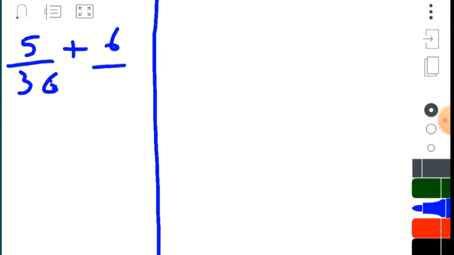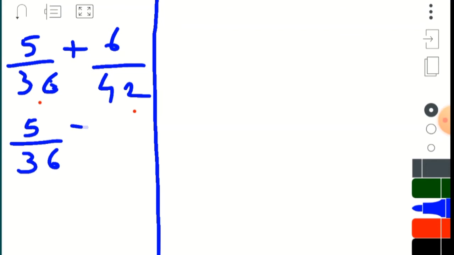See the first question. 5 upon 36 plus 6 upon 42. First we need to check whether the denominators are same. They are not same. So we will make them into same denominators. 5 upon 36, they don't go in the same table, so we will write it as it is.